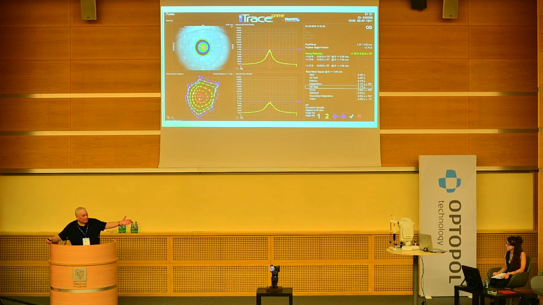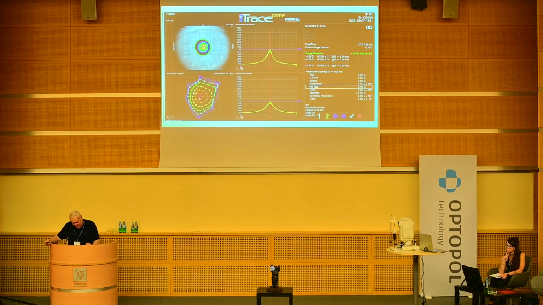Here is the ray tracing instrument. This is one of the screens of this instrument. To the left are the points of hitting the eye, and the left bottom is the retinal spot diagram, the diagram that shows where the laser beam hits the retina.